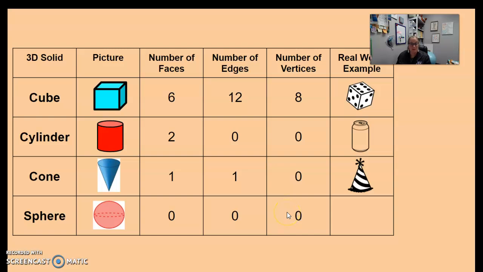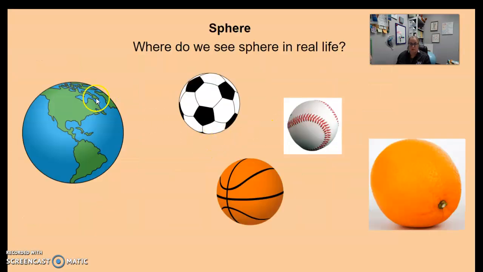So I asked you a question a couple minutes ago. We know it kind of looks like a ball, but is there anything else you can think it looks like? Let's actually look at some examples that you might see at home or at school or just whenever you're walking around. So the earth that we live on is shaped like a sphere. Of course, we have our soccer ball, basketball, and our baseball, which are also all shaped like a sphere.